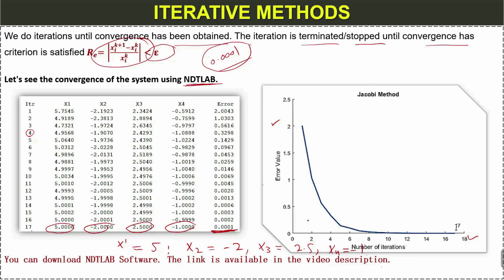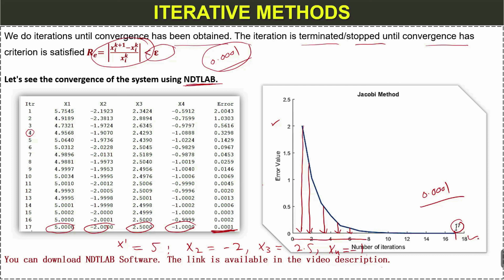As the number of iterations increases, the error in the solution decreases, and becomes 0.0007, nearly equal to 0, after 17 iterations.